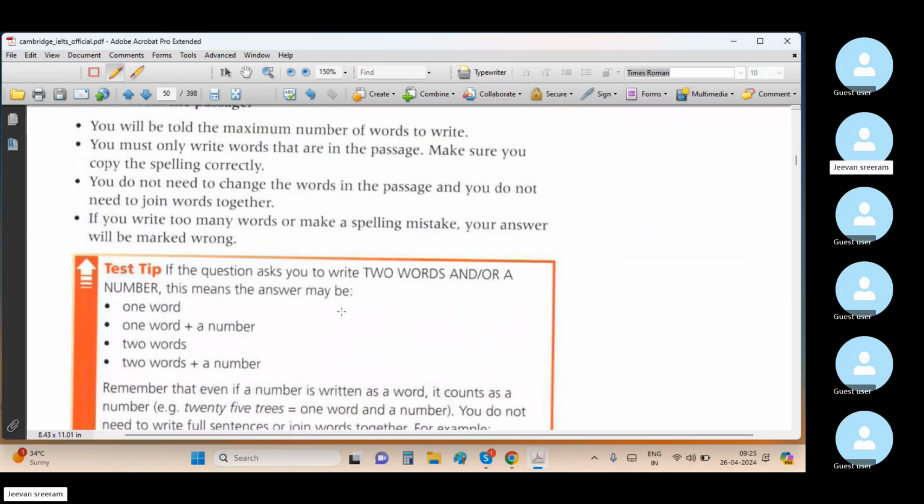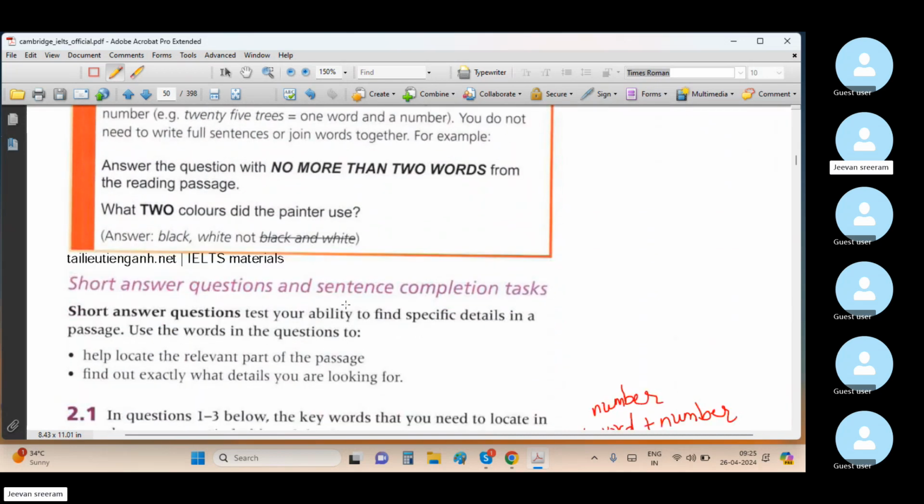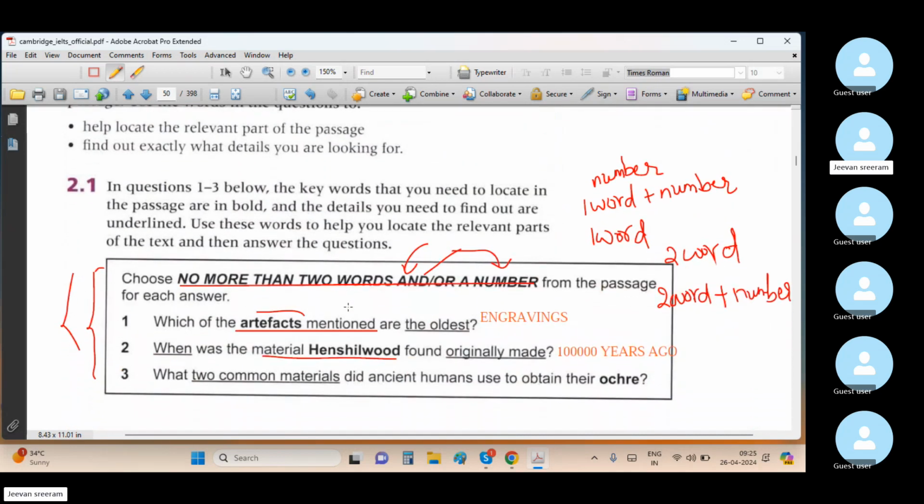So what's that question? What 2 common materials did ancient humans use to obtain ochre? What did they actually use to get the ochre?